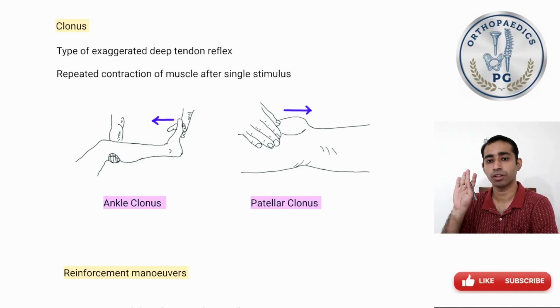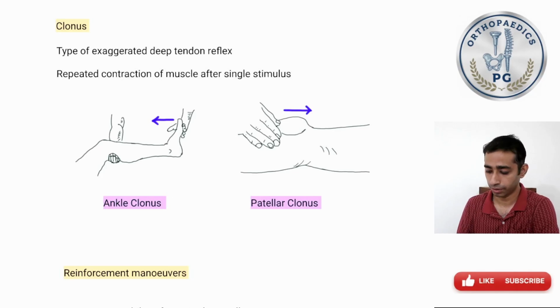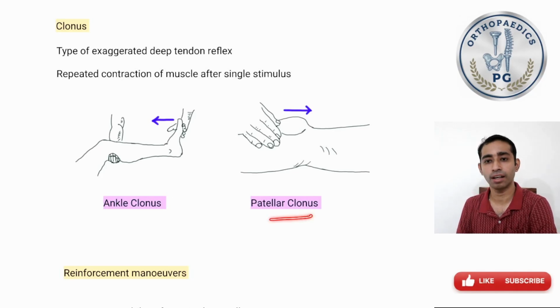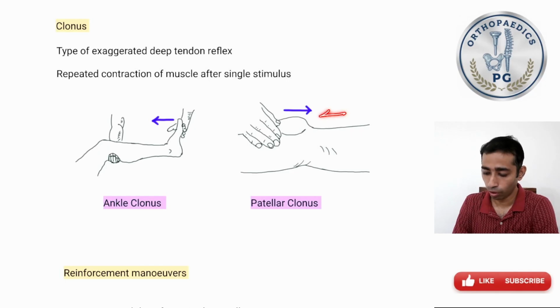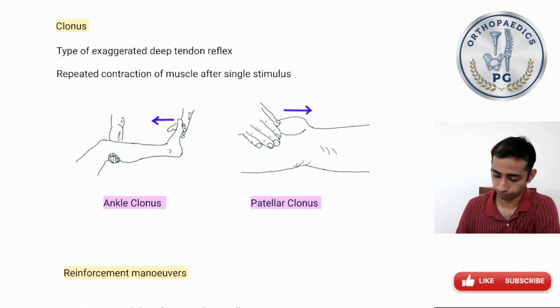There will be a contraction of gastrosoleus which will again relax and again contract and keep doing it repeatedly. Then this is called as ankle clonus. We can similarly check it for patella with knee extension. We can either push the patella down or push it up and there will be a repeated contraction of the quadriceps muscle if there is a clonus.